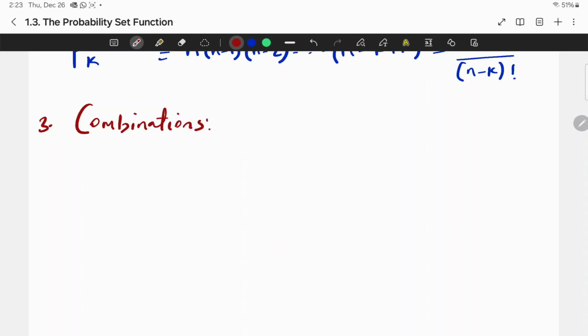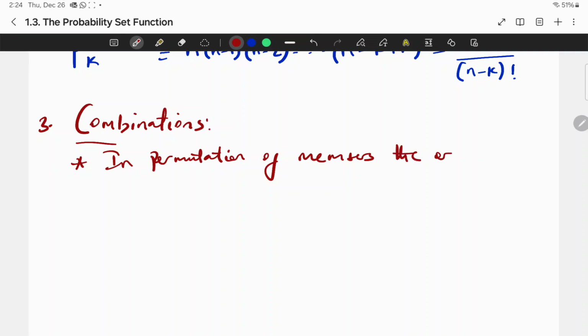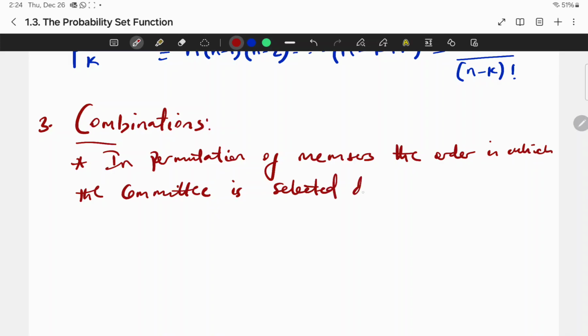Combinations. So in permutation we just did permutation of members. In combination, the order in which the committee is selected does not matter.